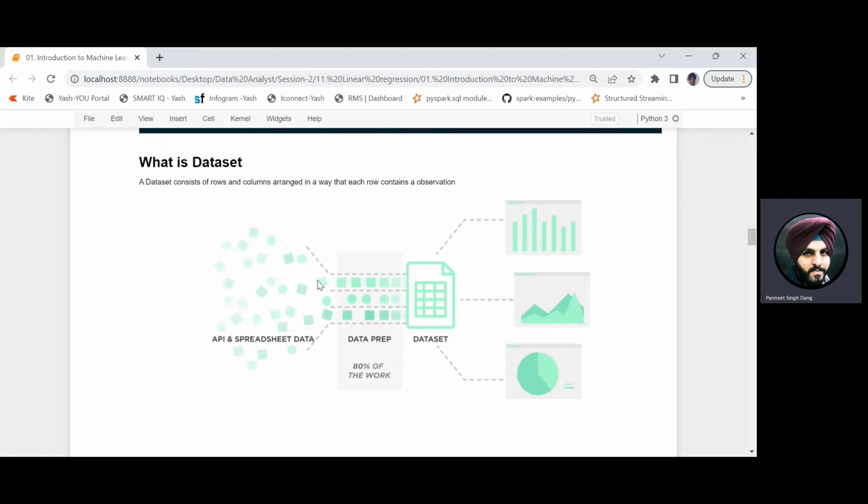In machine learning, 80% of your time would be spent preparing the data and visualizing things, and only 20% of your effort would go into model building and retraining those models. But you need to get an in-depth understanding of the data sets. You need to prepare the data sets and visualize them, and once you are confident, you can move on and apply the machine learning algorithms.